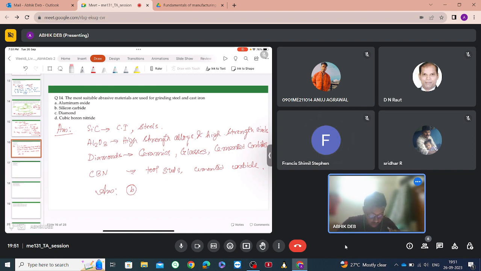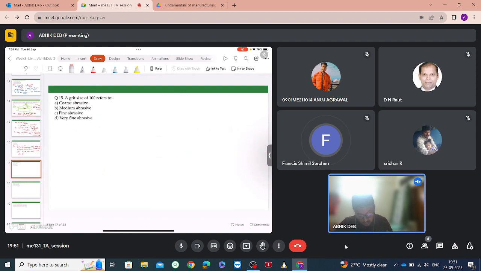Okay, sir. So should we move on to the next problem? Yes, sir. A grit size of 100 refers to which of these? This is a very simple question. So tell me, a grit size of 100 refers to which of these? Medium.